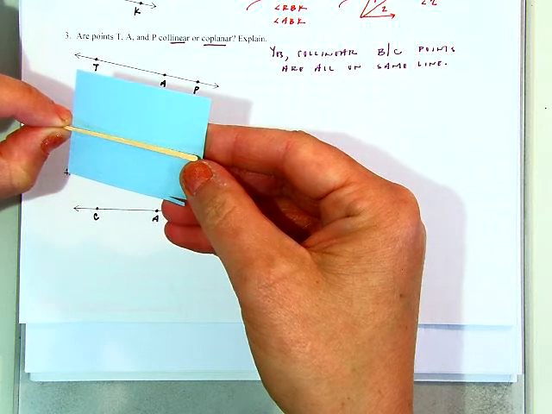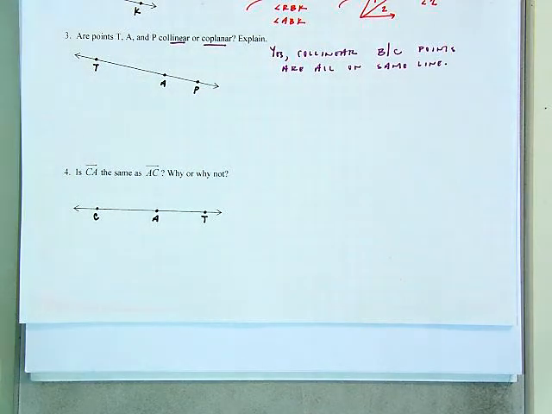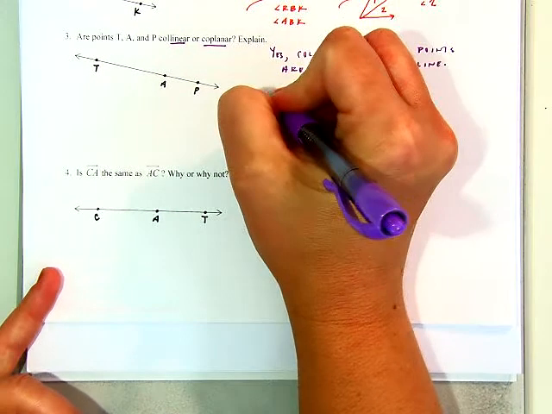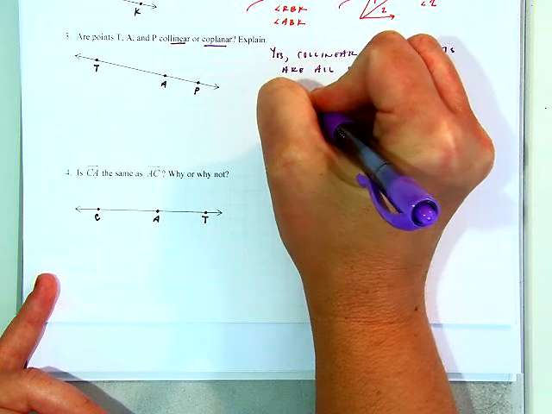You talking about this plane? This plane? This plane? I couldn't name which plane until I have 3 non-collinear points. But I know that any collinear points are coplanar too. Let me try to write that in a clean fashion. So I'd say first, yes, the points are coplanar too.